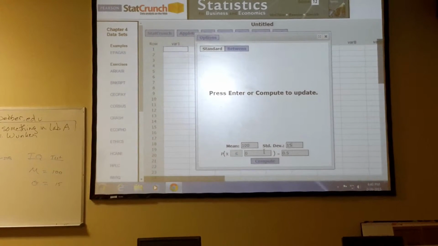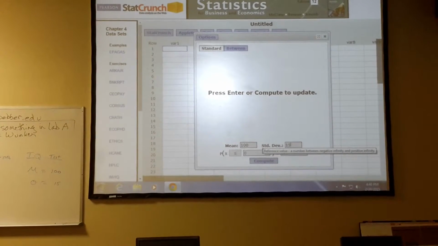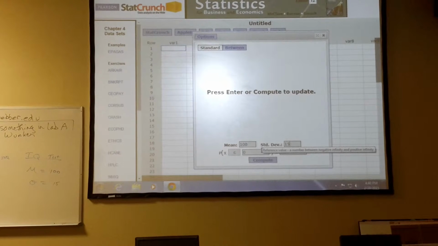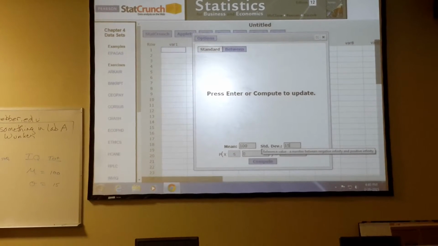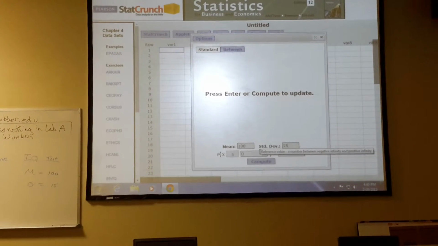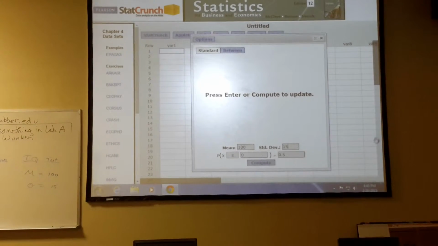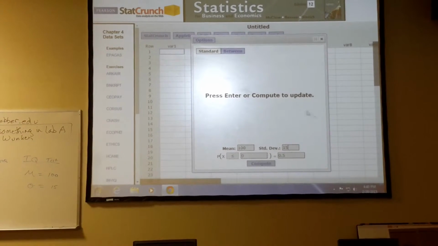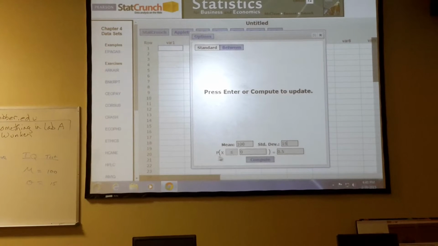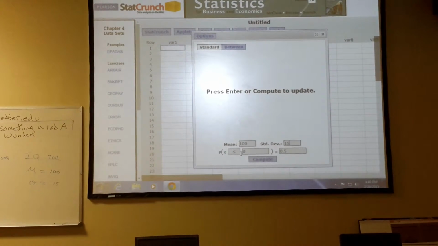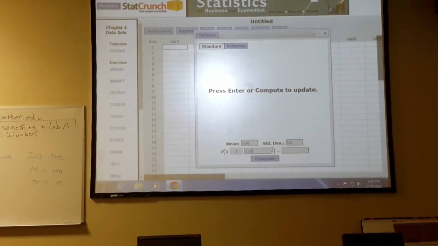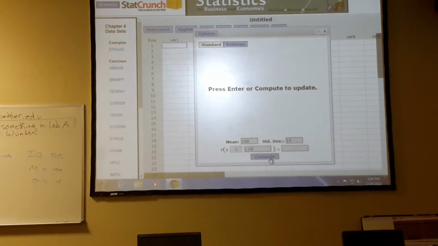And then we're going to look for whatever we're interested in. Let's say that we were interested in finding out the probability of having an IQ score of 120 or less. So we're going to put in here P of x, the probability that x is less than or equal to 120.